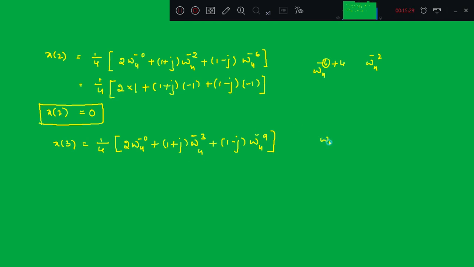So again w4 is to minus 9 is equal to how much? W4 is to minus 5. It is still greater than 4. So again we'll add plus 4. So after adding plus 4, minus 5 plus 4 is equal to w4 is to minus 1, and this w4 is to minus 1 is equal to how much? Which is equal to plus j. So that is minus j becomes plus j.